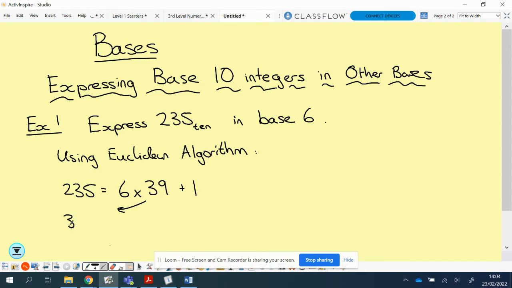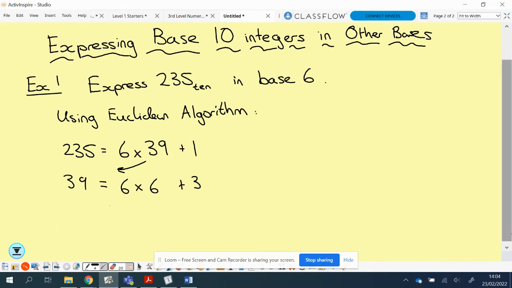How many 6s will fit into 39? Well, it's going to be 6 sixes, and my remainder here would be 3. So I didn't move the 1 across, it was just the 39 I moved over. That was my quotient.